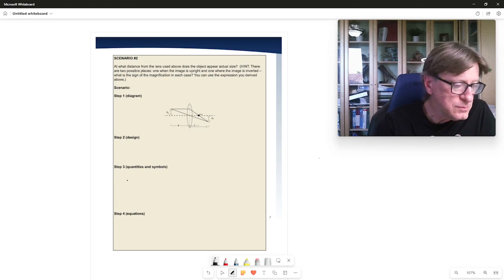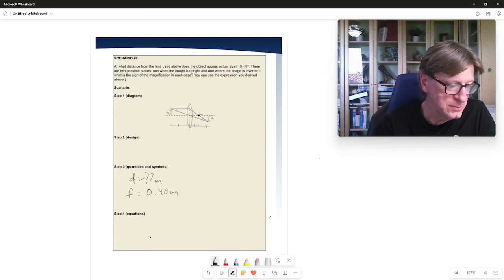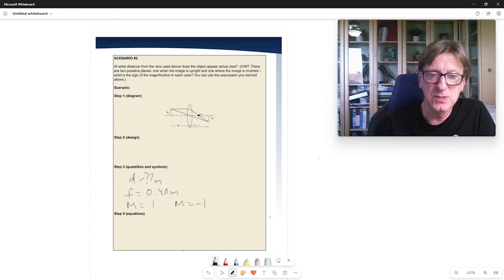So my quantities here, I don't know what d is this time. I do know the focal length, and the focal length was 0.40 meters. And then my magnification is going to be either 1 or minus 1. We're going to have to work it out for both cases. Let's use the same expression that we just derived. So m is going to be negative f over d minus f.